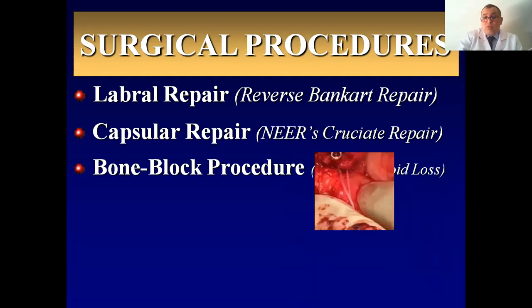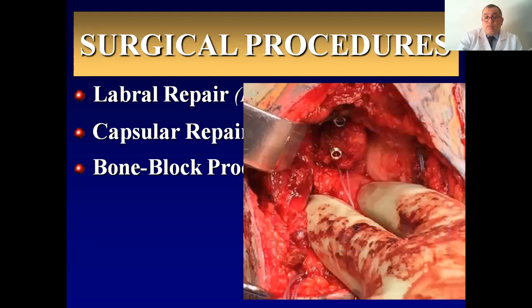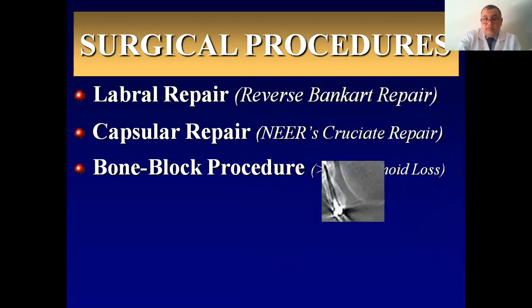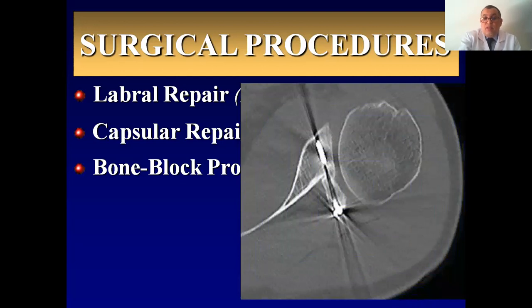Or bone block procedures, in which if there is loss of more than 25% of the glenoid, we perform a reverse or a posterior Latarjet. Usually it is very difficult to use the coracoid, so we use an iliac crest graft in such a case. This increases the glenoid surface, preventing the head from dislocating posteriorly.